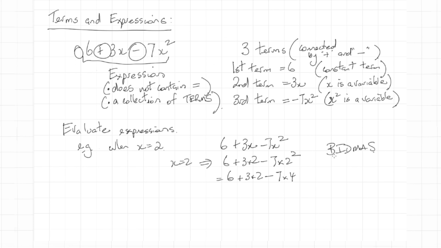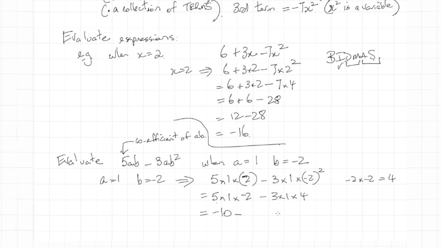Now we do the brackets first. All these brackets, we can just remove that one. Minus, now negative 2 squared is negative 2 times negative 2. Negative times a negative is a positive, so it's just 4. 3 times 1 times 4. And that's equal to 5 times 1 is 5 times negative 2 is negative 10. Minus 3 times 1 times 4 is 12. Negative 10 take 12 is negative 22.